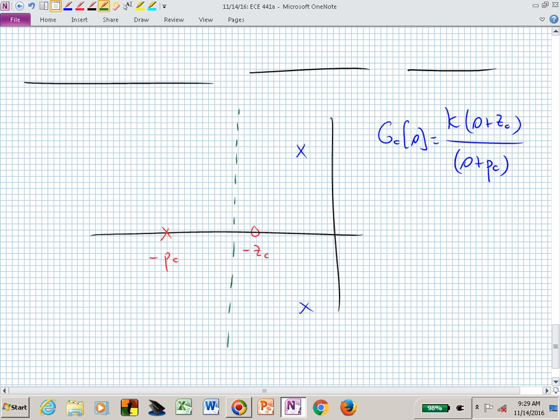If I say settling time, you're seeing a vertical line. And now you want your branches to be to the left of that, and then you'll find a gain to get you on those 2 branches somewhere to the left of that vertical line. That vertical line would then be determined by your settling time specification.